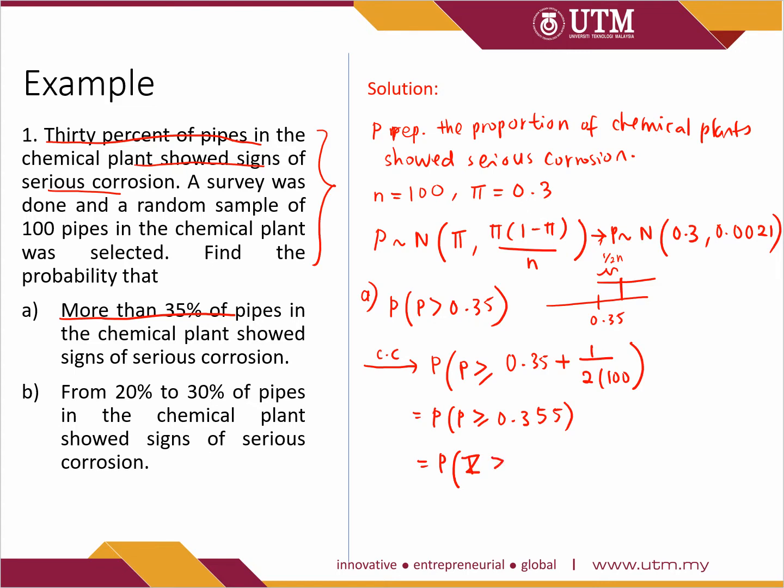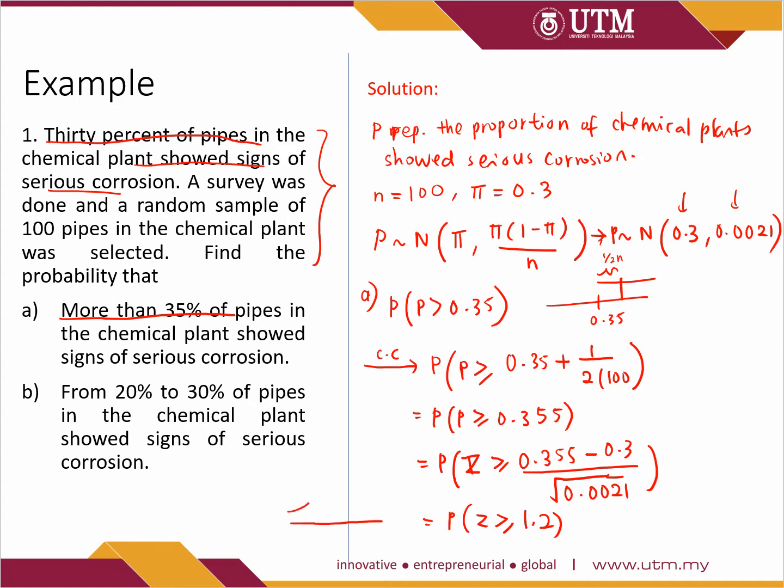So now we can solve using the standard normal distribution, given that Z is greater than or equal to 0.355 minus the mean, which is 0.3, divided by the standard deviation, which is the square root of 0.0021. So here we get Z is greater than or equal to 1.2.